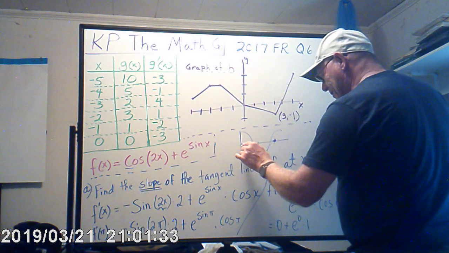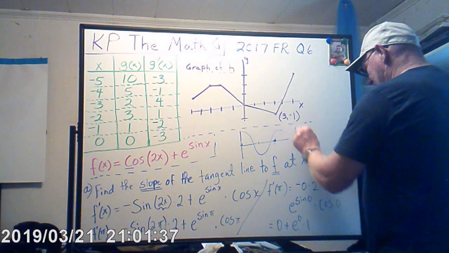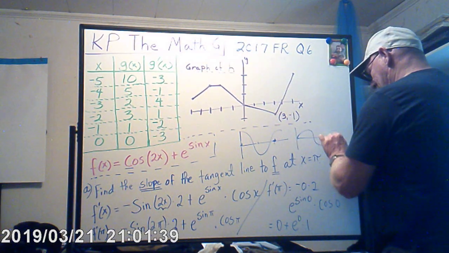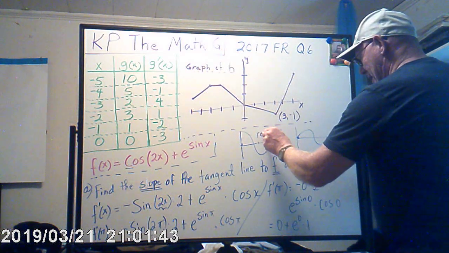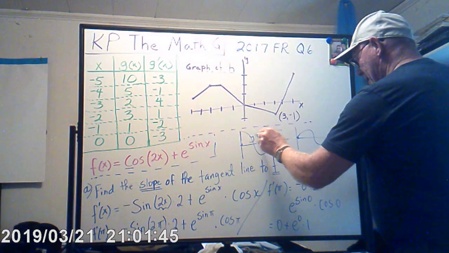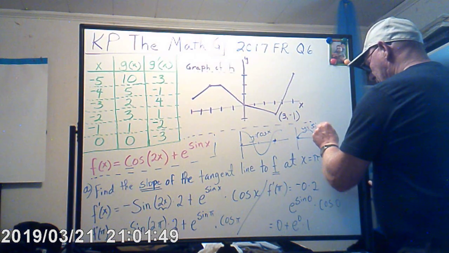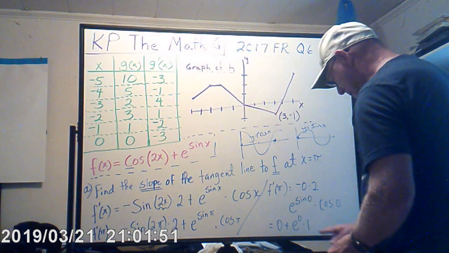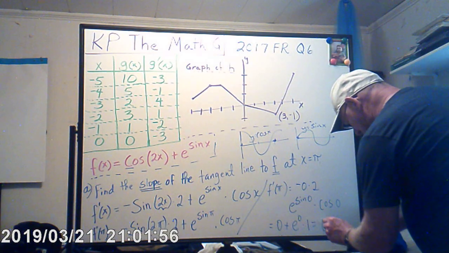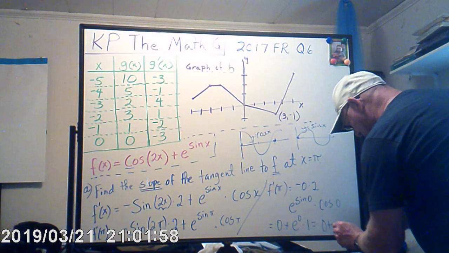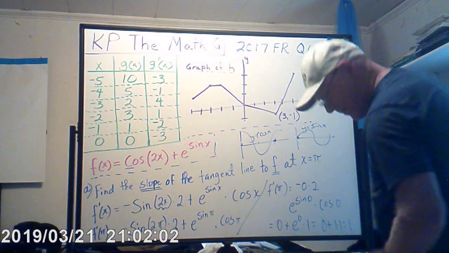Remember, cosine of 0 is 1. Sine of 0 is 0 right here. So this is cosine, this is sine. So this is just 1. So 0 plus 1 times 1 is 1.